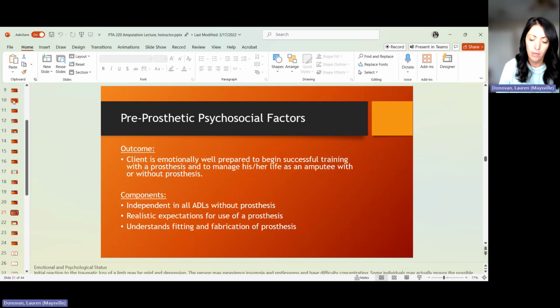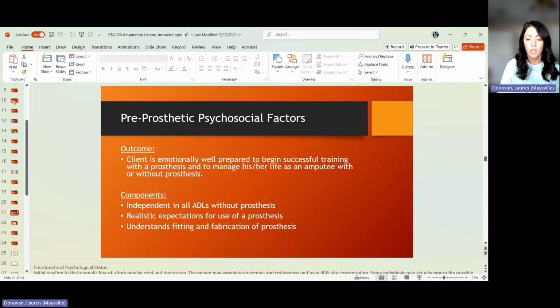Like I said, the patient is usually emotional. This is what we want the goals to be for that. Pre-prosthetic psychosocial factors: we want them to be emotionally well prepared to be successful in training with a prosthesis, and to be able to manage life as an amputee with or without the prosthesis.